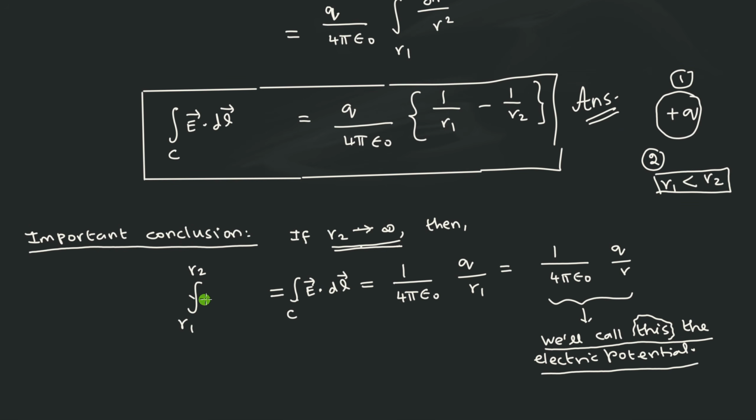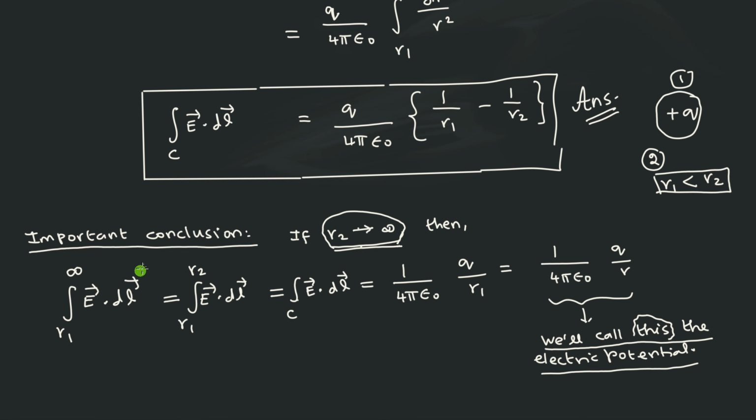So I will make that clear and write down that this is the integral of E dot dl. Once this understanding is clear, if you are discussing the condition of R2 going to infinity, that infinity has to be transferred here. Therefore, I will write this expression as the integral from R1 to infinity, because R2 is infinity, of the same E dot dl.